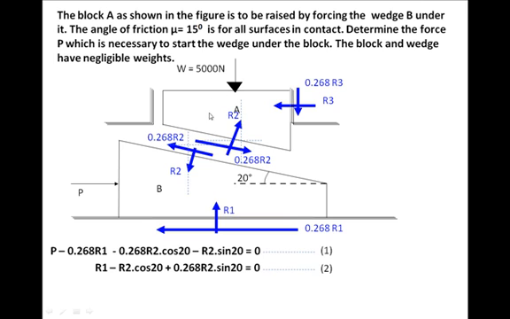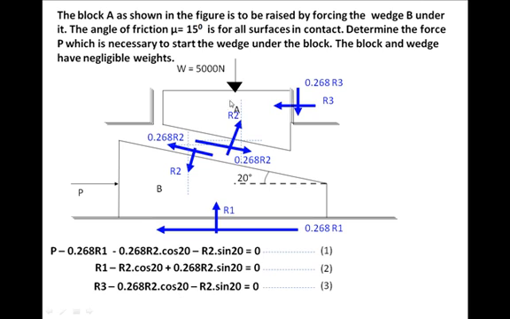So this was sigma Fx and sigma Fy for wedge B. Now we write sigma Fx and sigma Fy for wedge A. Sigma Fx is R3, then 0.268 R2 cos 20, and minus R2 sin 20. These two are in this direction and R3 is in the opposite direction.